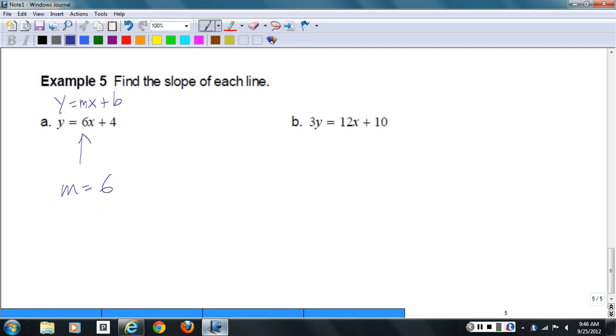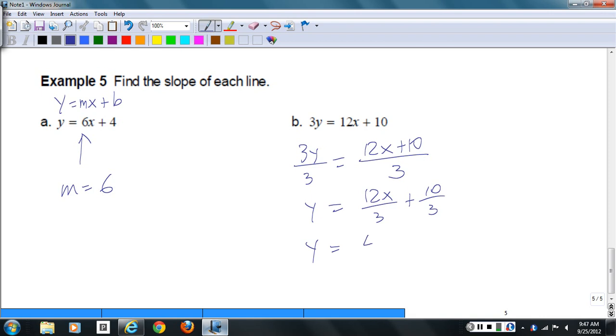Part B appears not to be in slope-intercept form, just one step away from slope-intercept form. What can we do? Divide both sides by 3. We have 3y on the left. What we want is 1y on the left, so 3y divided by 3 equals 12x plus 10 divided by 3. y equals 12x divided by 3 plus 10 divided by 3.